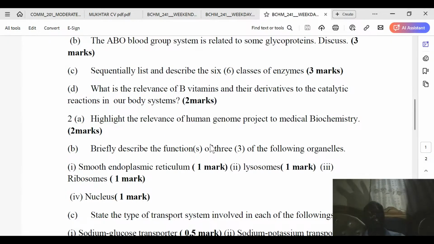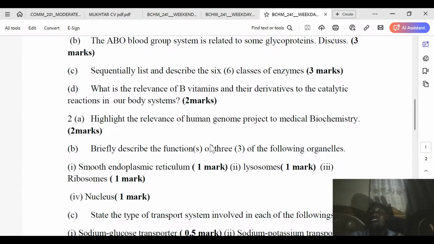It helps in disease diagnosis. If you have a particular patient and you don't know whether the person is having a genetic disease, you can isolate the DNA from that patient, sequence the complete genome, and compare it with a normal person.